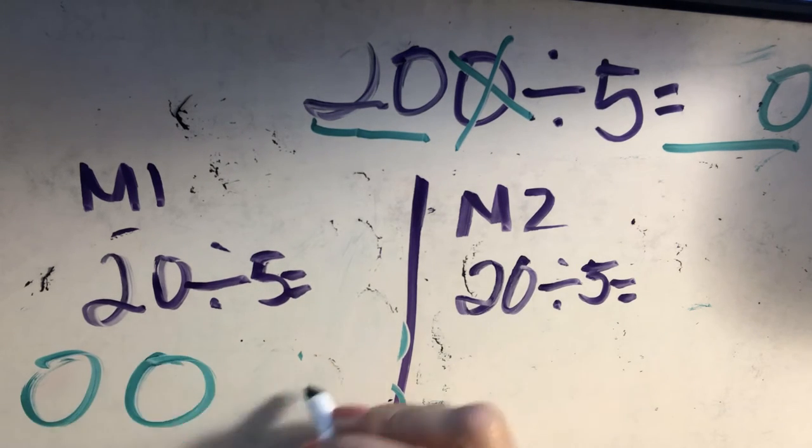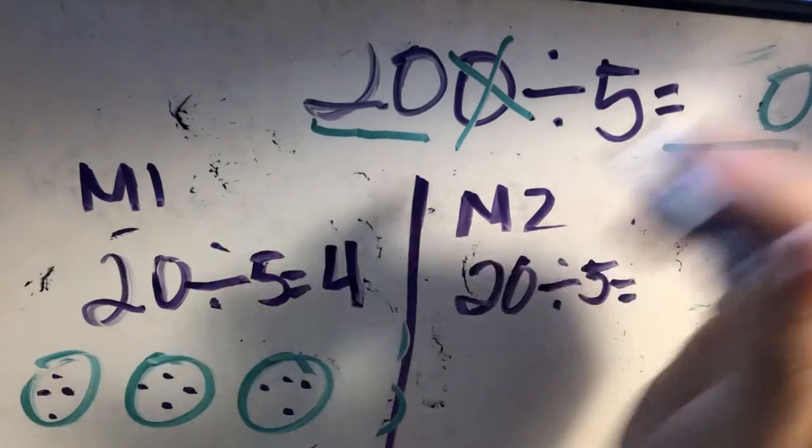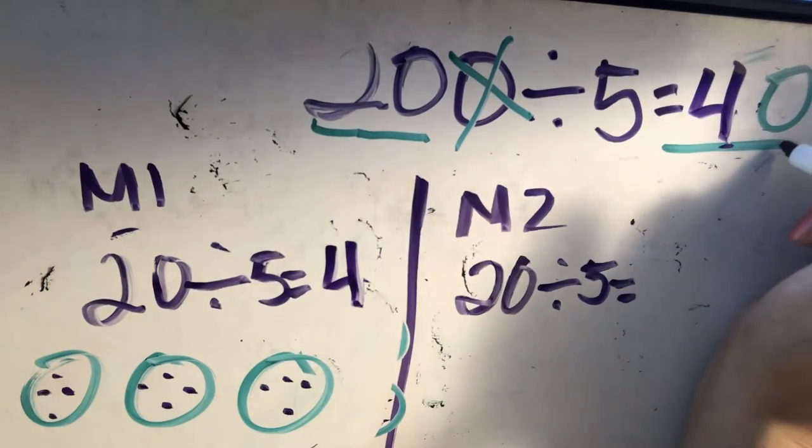We make 5 circles. Then we put 20 dots in a total of 5 circles. Every circle has 4 spots, so we will put 4, and our answer should be 40.